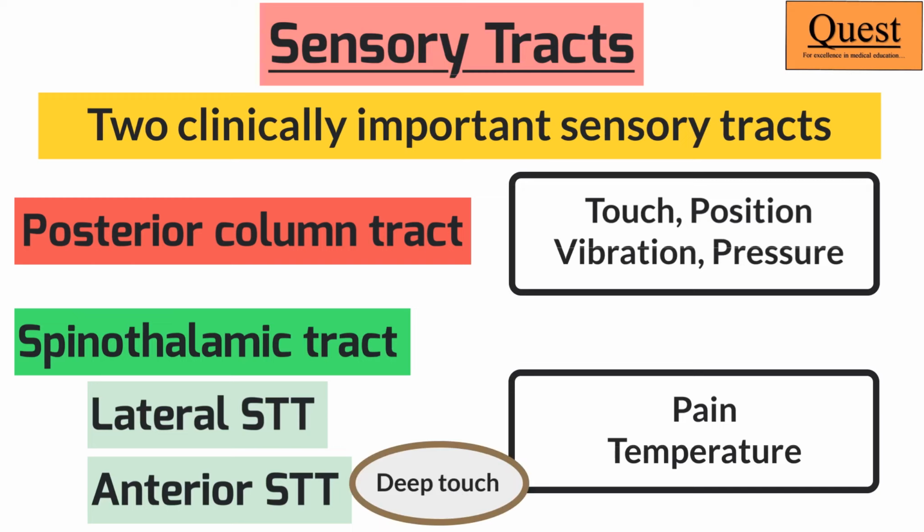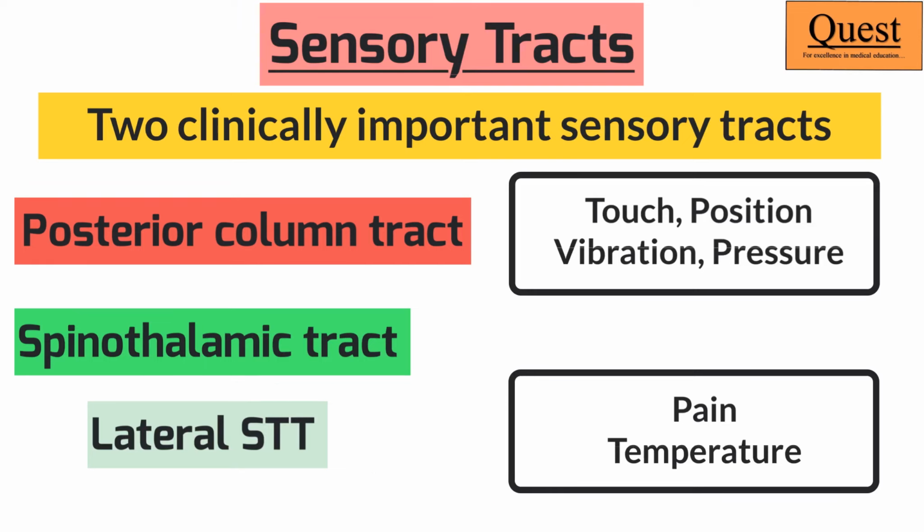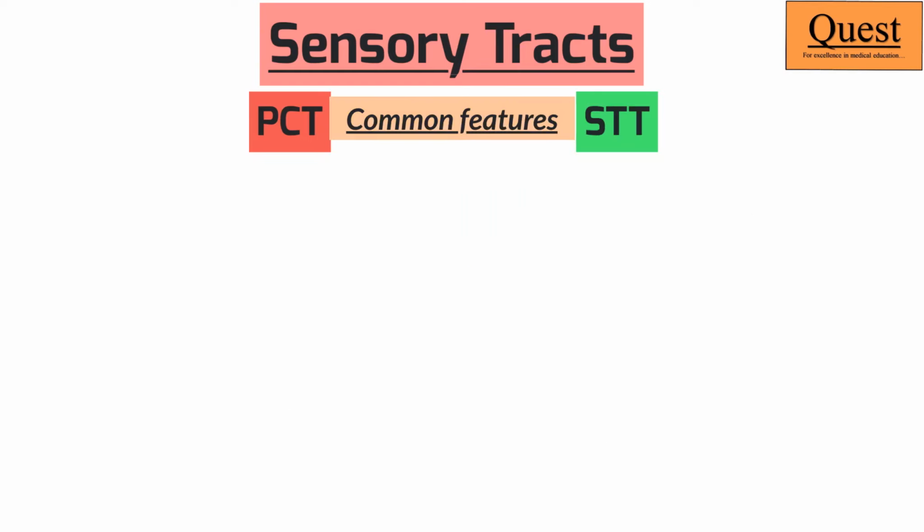The anterior spinothalamic tract carries deep touch, but this is of very little clinical consequence. Hence, for this discussion, whenever I am talking about the spinothalamic tract, I am going to be referring to the lateral spinothalamic tract only.